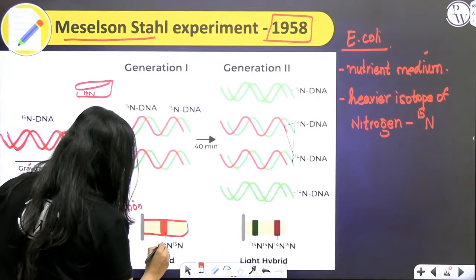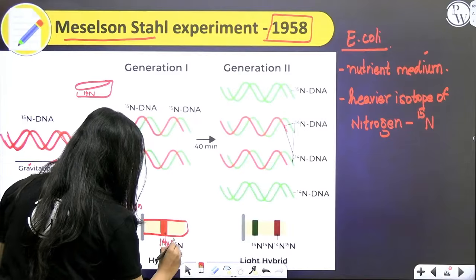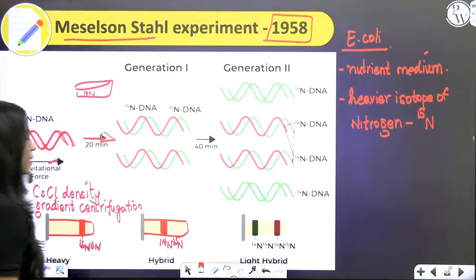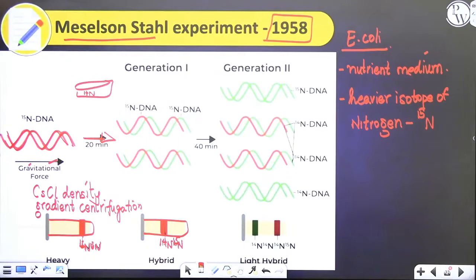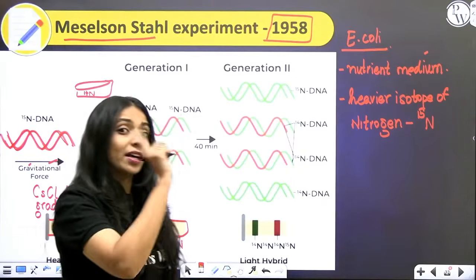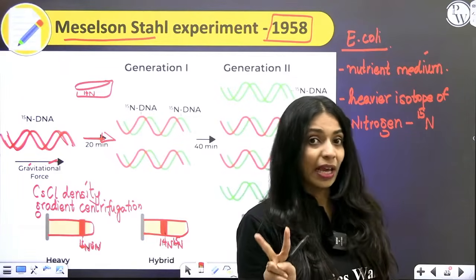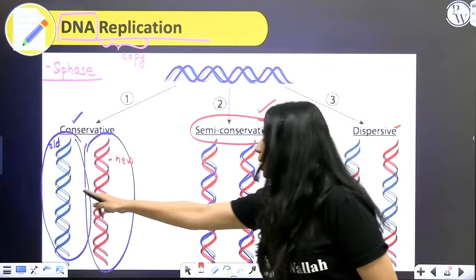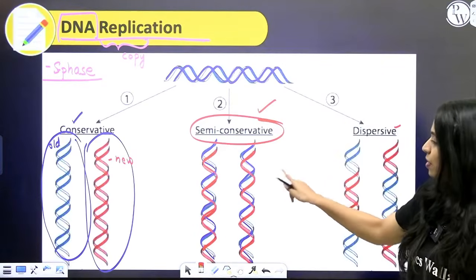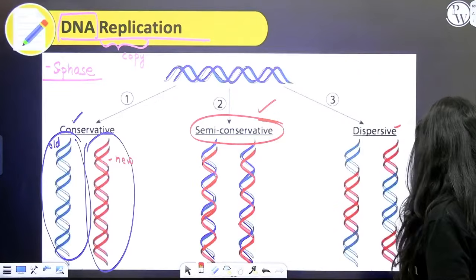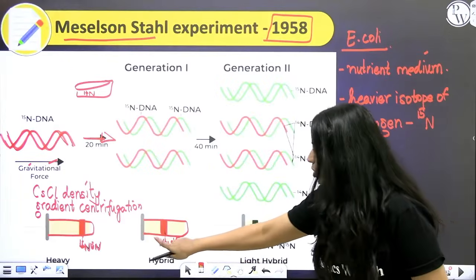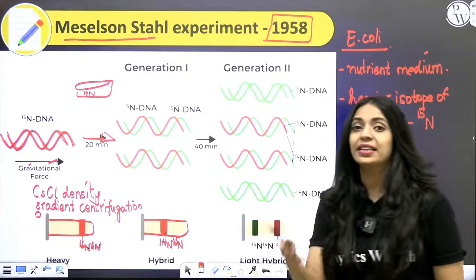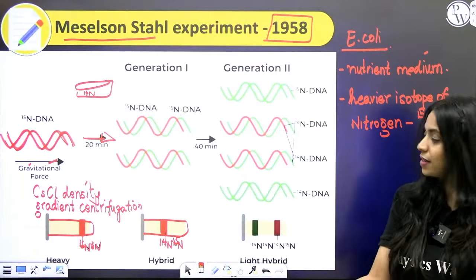So that indicated that here was a hybrid strand. If it was by conservative mode, then you should have got two types of DNA, right? But because it is semi-conservative, all the DNA are of the same type and they form a single band which is slightly higher than this, indicating that it's a little less dense.